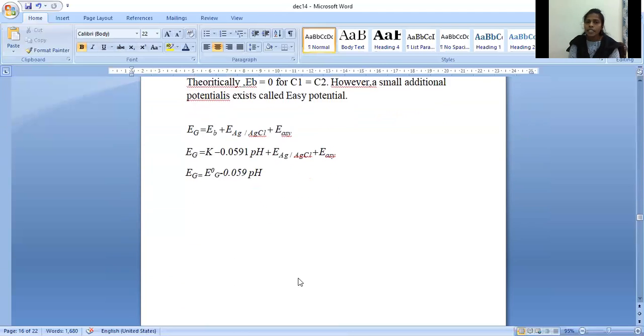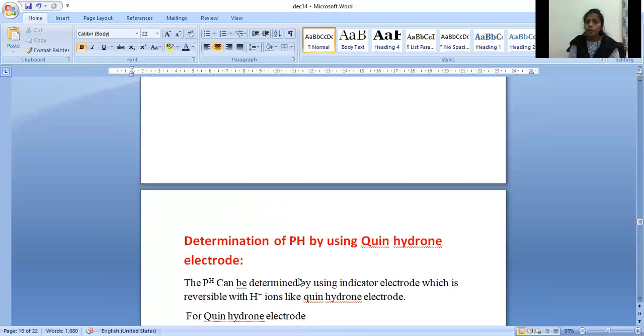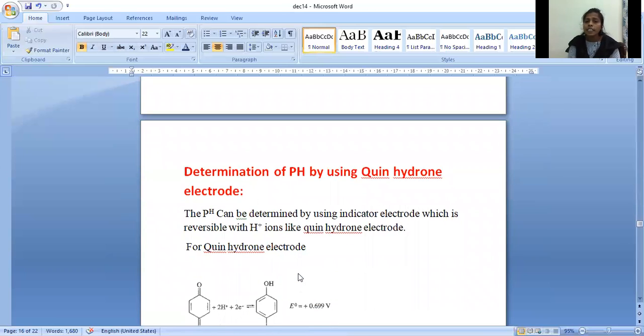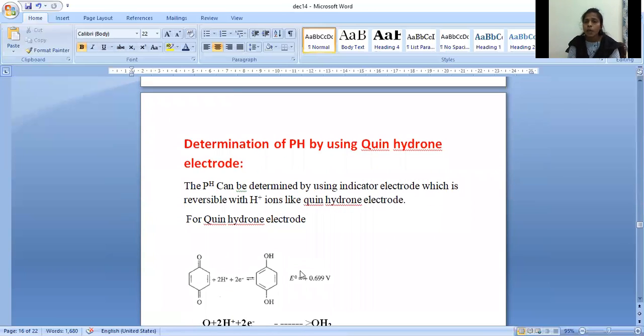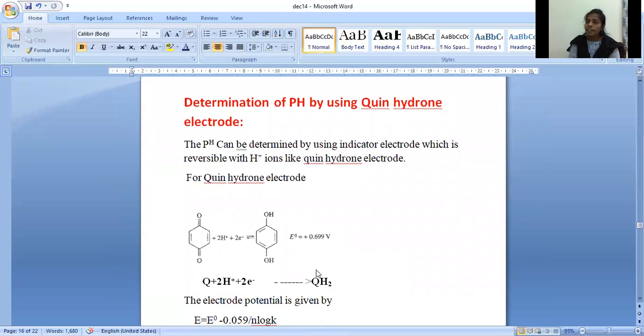So now let us see the last topic, that is determination of pH by using the quinhydron electrode. We can determine the pH by using the glass electrode, quinhydron electrode, or standard hydrogen electrode. Maybe in the intermediate level you have seen the hydrogen electrode, but in engineering level that is not part of our syllabus.